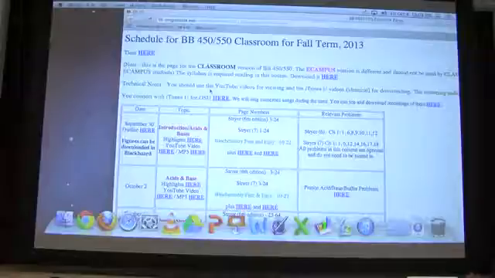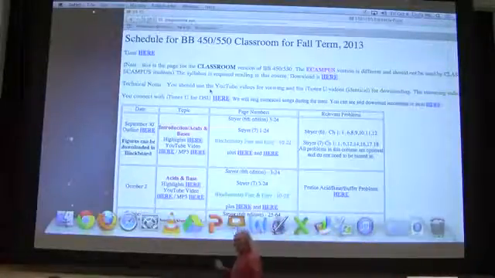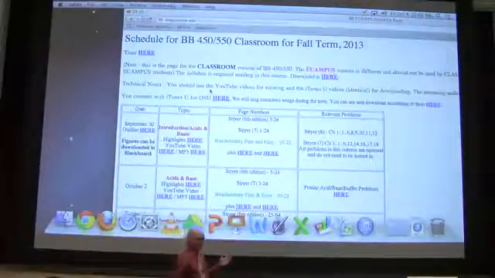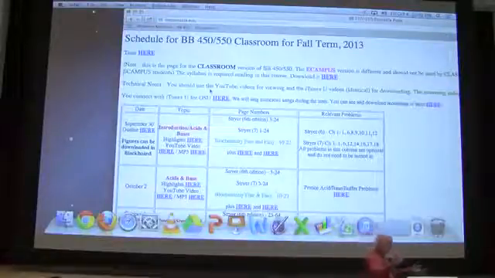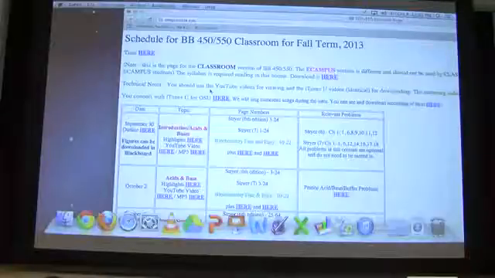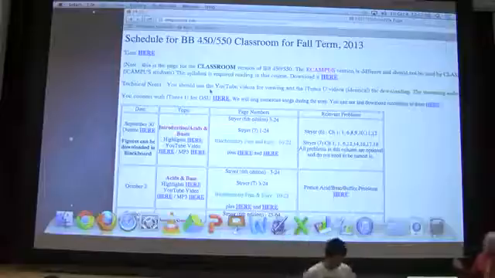Let's think about this. You start with a buffer. In the first half of the problem, you work with a buffer that has a concentration of 0.1 molar, and you add HCl to that buffer, and the amount of HCl that you add is always less than the amount of buffer that you have. And the equation works great.